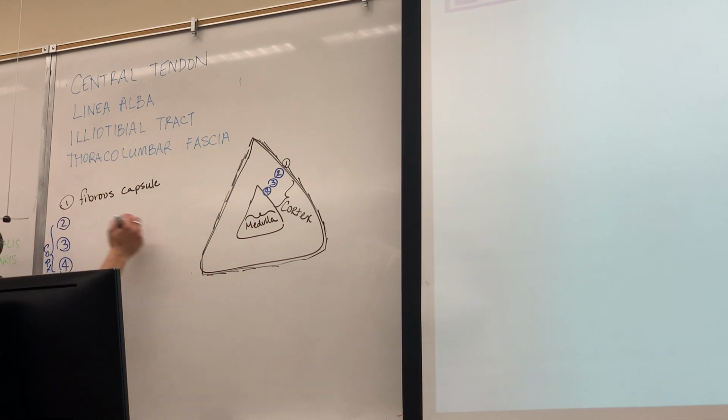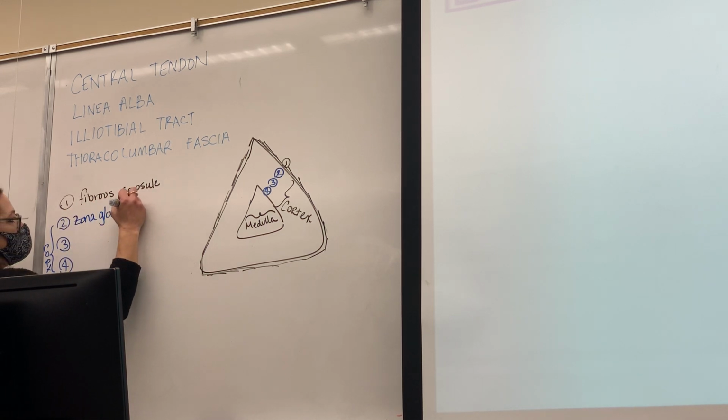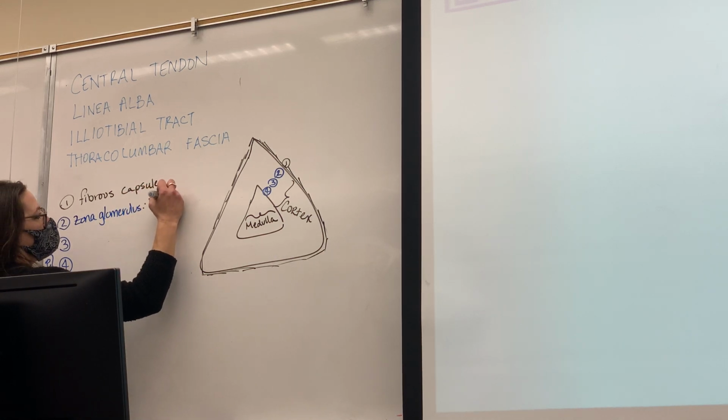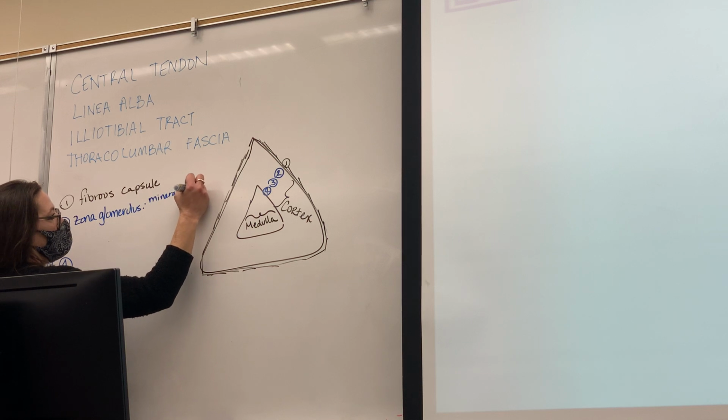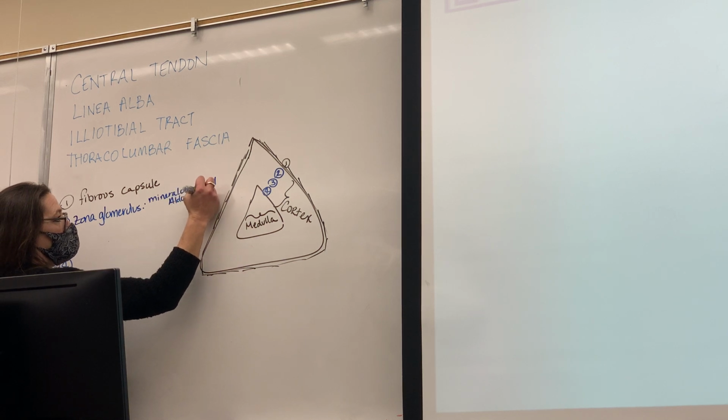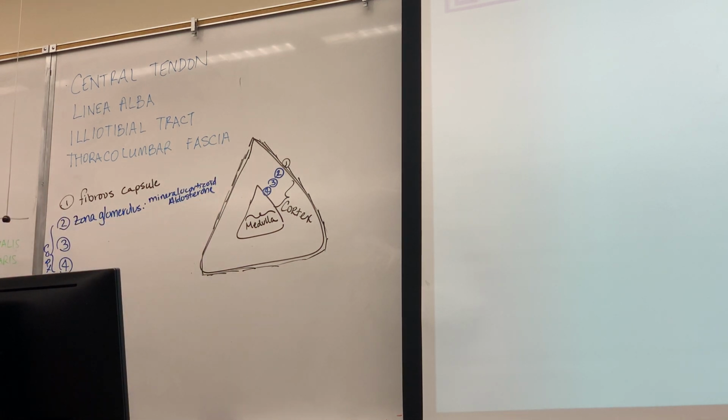Number 2, the first layer of the cortex, that's the zona glomerulosa. And that's the one that makes mineralocorticoids, and the one that we're learning is aldosterone. Okay, I'll come back to that in a second.